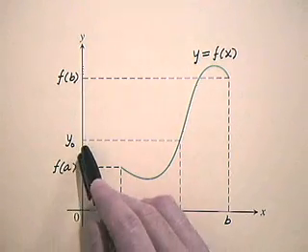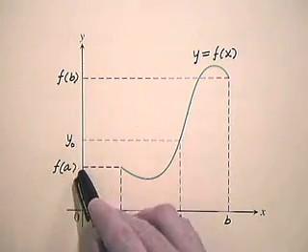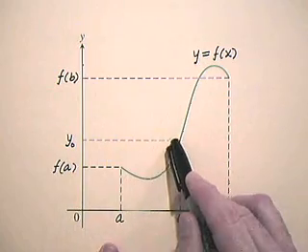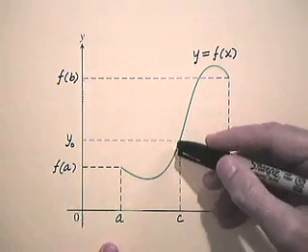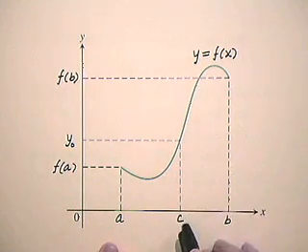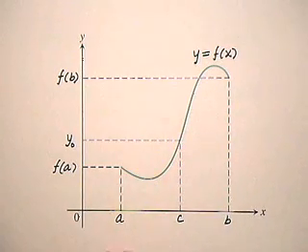Now, if you choose a point y naught on the vertical axis between f of a and f of b, notice you can come over and you have to hit the curve somewhere, and consequently when you hit it, you can go down and find a point c such that f at that c is the y naught.